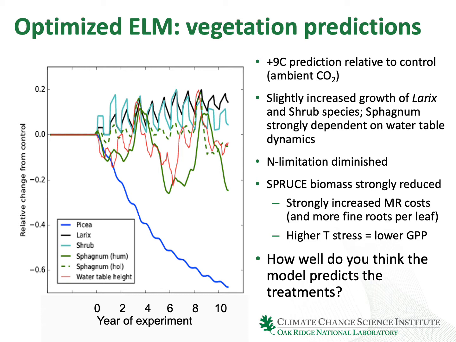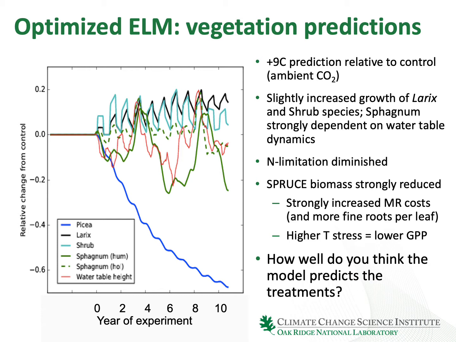For the sphagnum, the solid green shows what's happening on the hummocks, and the dashed line shows what's going on in the hollows. On the hummocks, we can see that the pattern closely follows the water table height in red. These hummocks are a little bit elevated from the surface, and that means they tend to dry out faster than the hollows, which stay quite wet through the season.